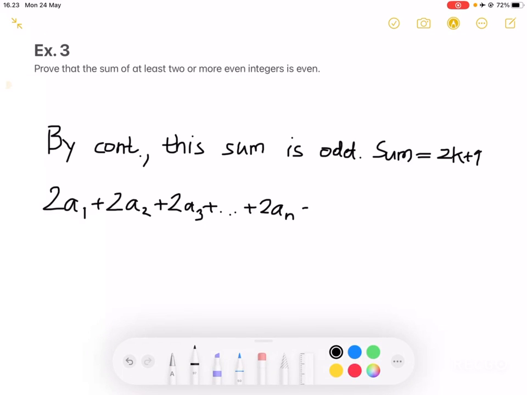And then we can set this equal to 2k plus 1. And since we're contradicting this, we need to show that this is not true. And the way we would do that is that we can factor out a 2 out of this, and then we can rewrite this as 2 times (a1 all the way up to an), and this will be equal to 2k plus 1.